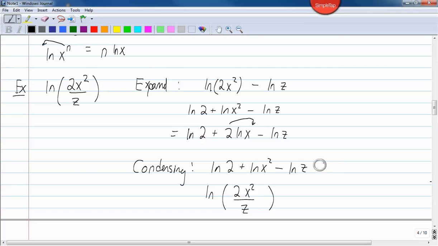If there would have been another term out here, say it would have been like minus 3, then I would put a 3 in front of the z here. So if it's a negative logarithm, then you put that in the denominator. If it's positive, you put it in the numerator. Now, you cannot take the logarithm of negative numbers.